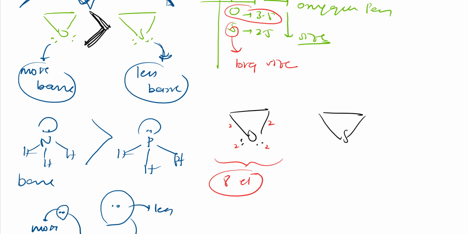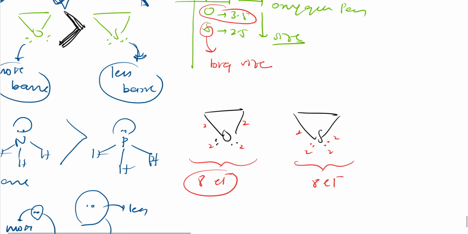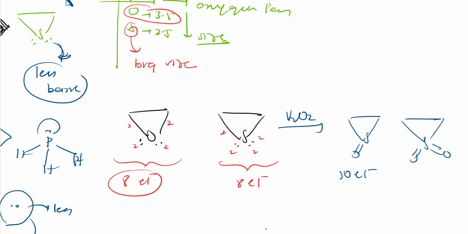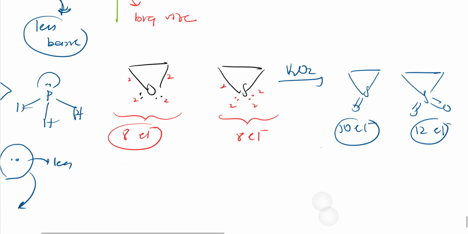Sulfur also has lone pairs, 2, 2, 2, and it is also 8 electrons, so both follow 8 electrons. But if I add an oxidizing agent like H2O2, it will convert to oxides, where if you count, it will be around 10 electrons and 12 electrons. So the sulfur family can expand its octet.